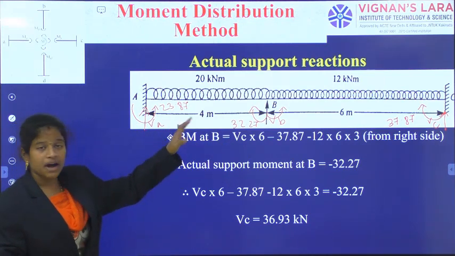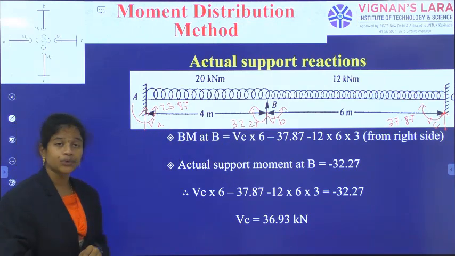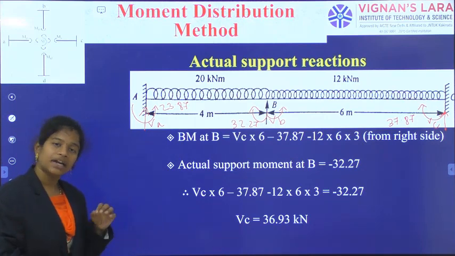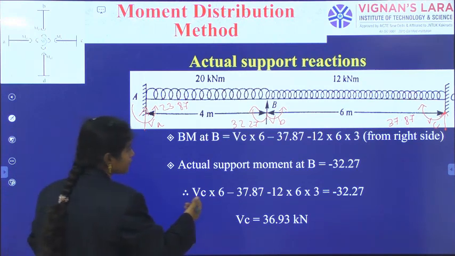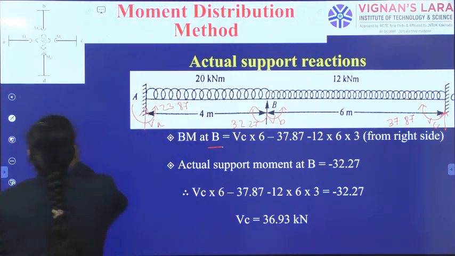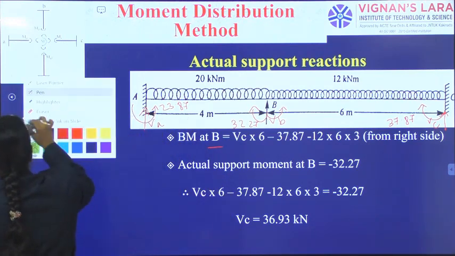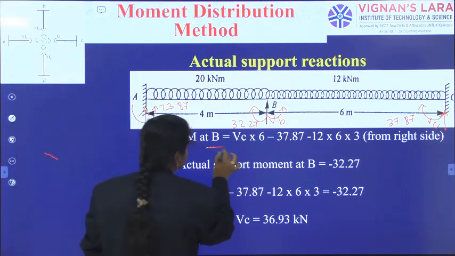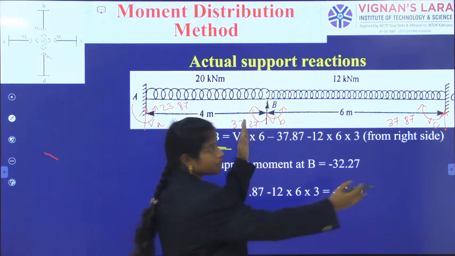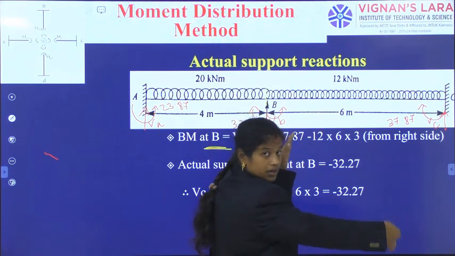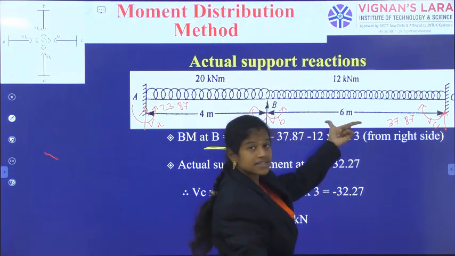Okay. So, this part was over, and what I am doing now? I am calculating bending moment at B only, but from the right side direction. From the right side, bending moment at B is equal to, again I am observing at this B position, but from C side. What are the forces involved? VC into 6 meters.